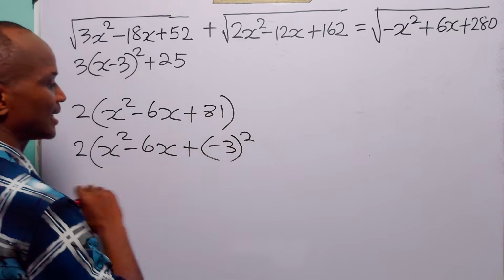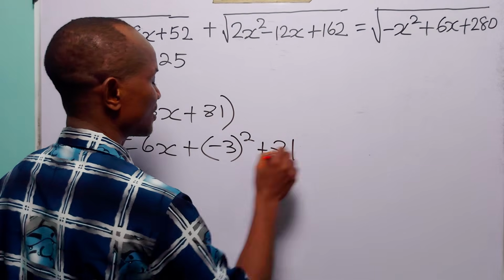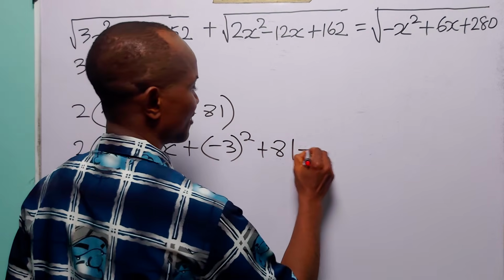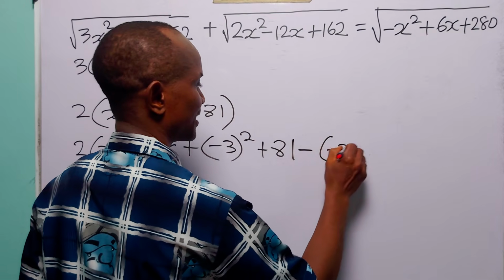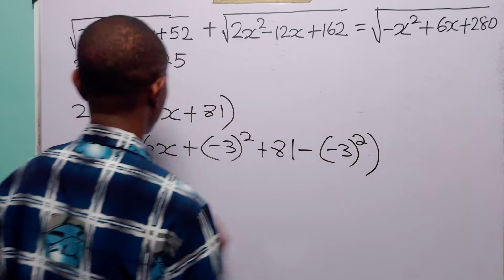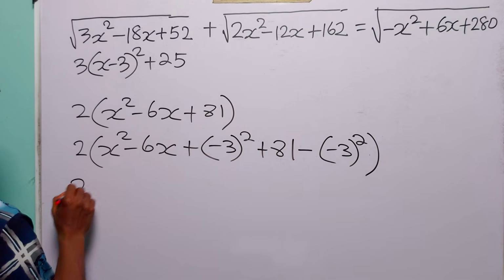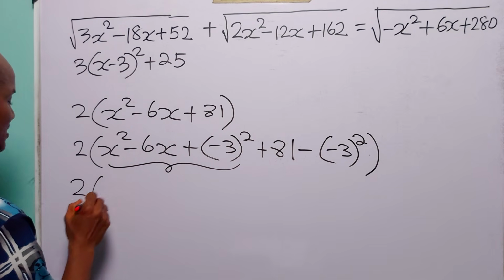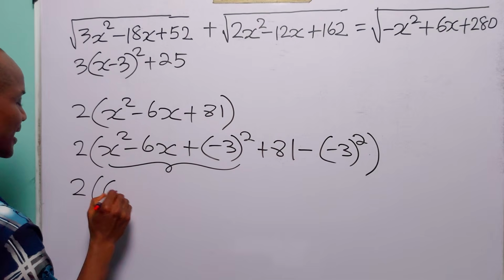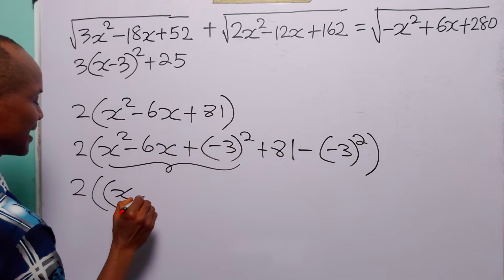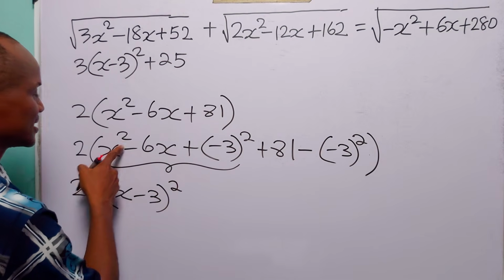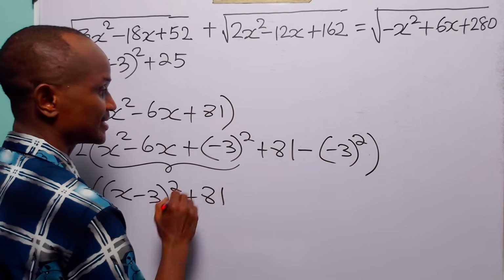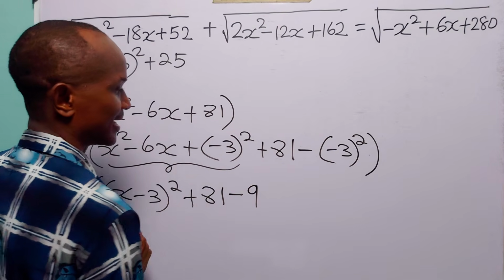We square. Then we have plus 81. Then we subtract to keep things balanced. So we have minus 3 squared. Now, this is a perfect square. So once more, we take one x and one minus 3 and we square. Then we have plus 81 minus 9.